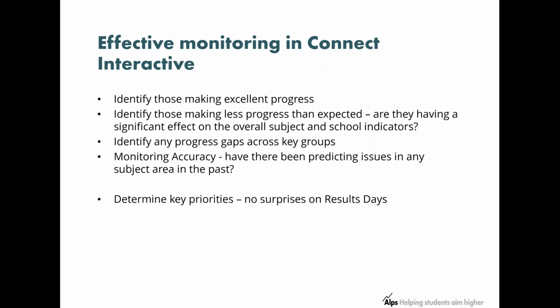So the monitoring accuracy area is a space where your leadership team and your subject leaders can start to look at whether there are any predicting issues in the past, and if there are, then can we trust that data going in, or do we have to have those powerful conversations with subject staff in order to ask, where are you getting that predicted data from? Has it been validated? Have you gone through a moderation process? Is there any external moderation in that? And do you understand what data we're actually asking for?